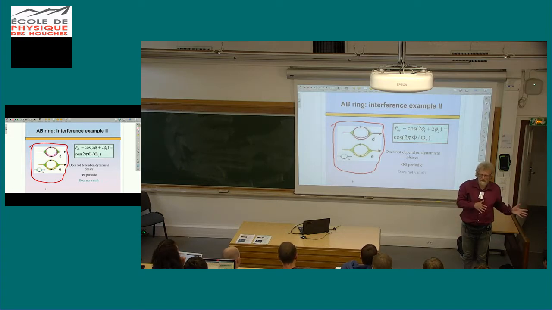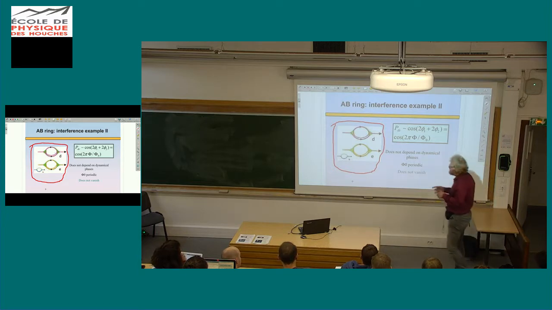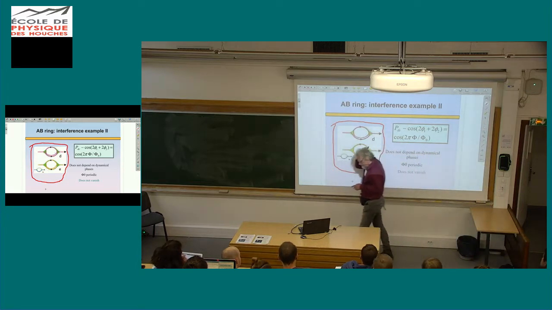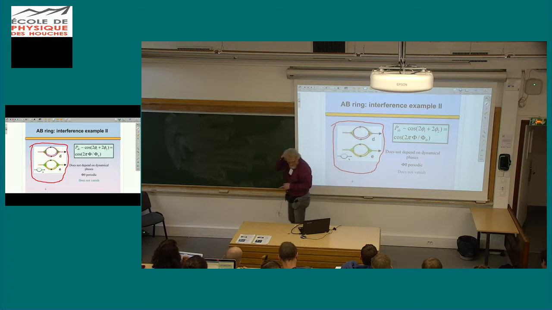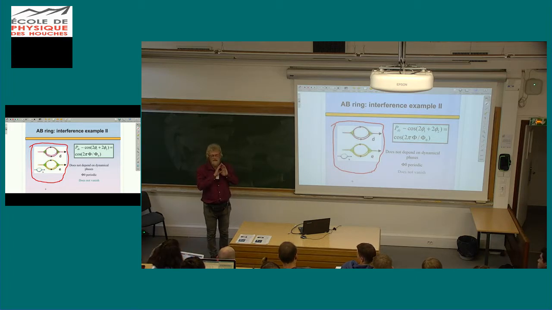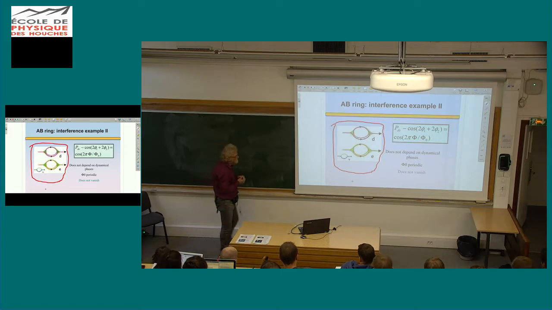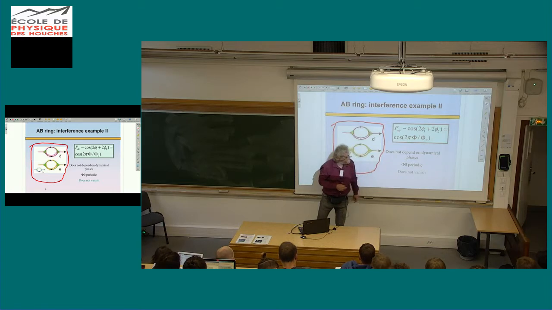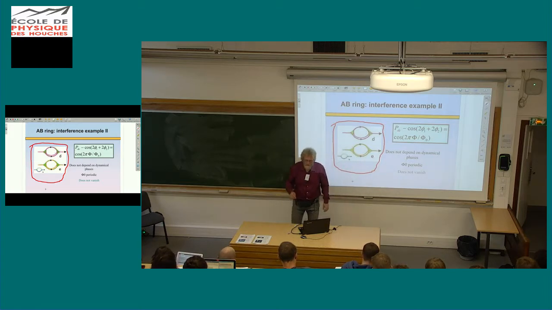Aharonov-Bohm phases collected are opposite because this loop is passed in 2 opposite directions. And in this case, the dynamical phase cancels. It's not there anymore. It results also in a different period. It's periodic with a period phi naught.